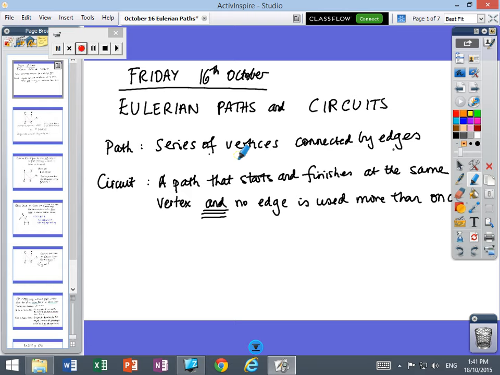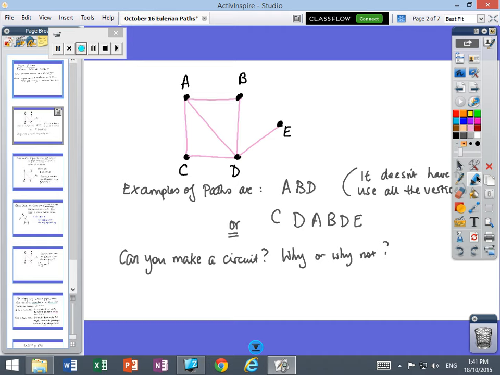Sorry, guys, I went too far. Another example of a path could be from C to D, up to A, across to B, down to D, across to E. So we've got a path. But the question is, can you make a circuit?